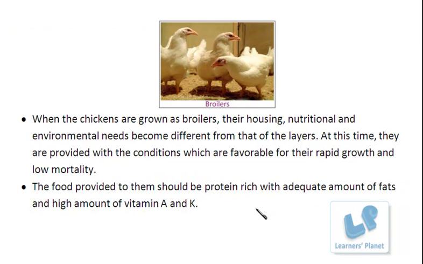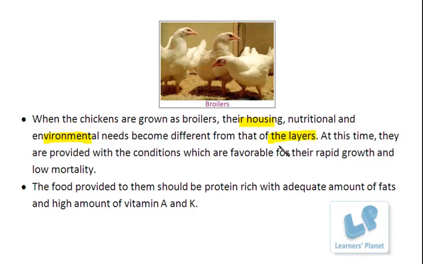And of course, to fulfill such qualities, these organisms need different types of management practices, or different conditions in terms of their housing, their nutrition and the environmental conditions. All is different up to some extent as compared to that of the layers.